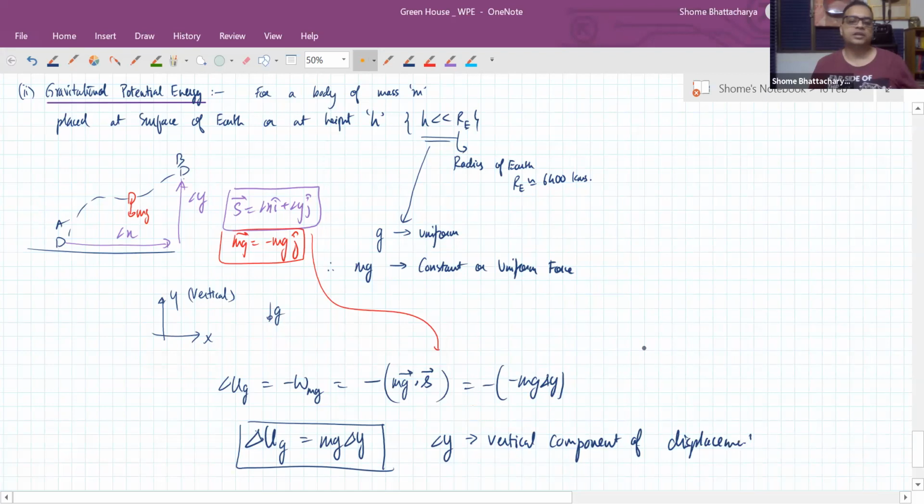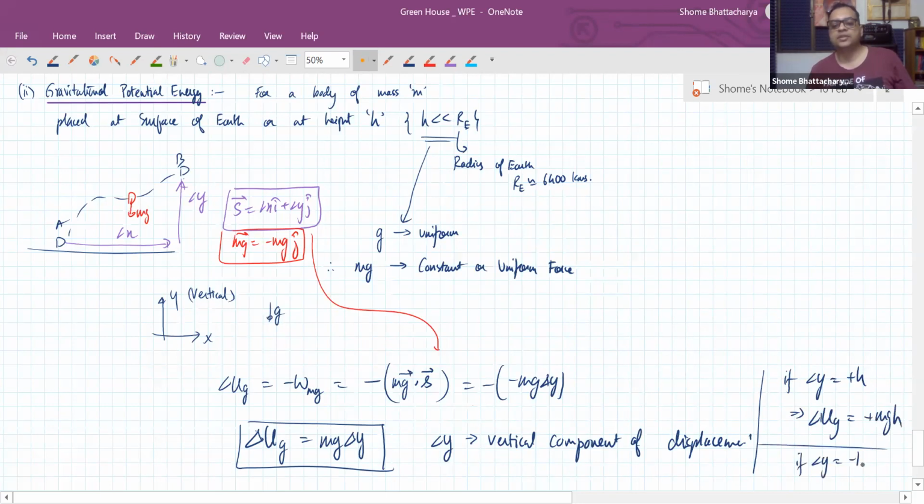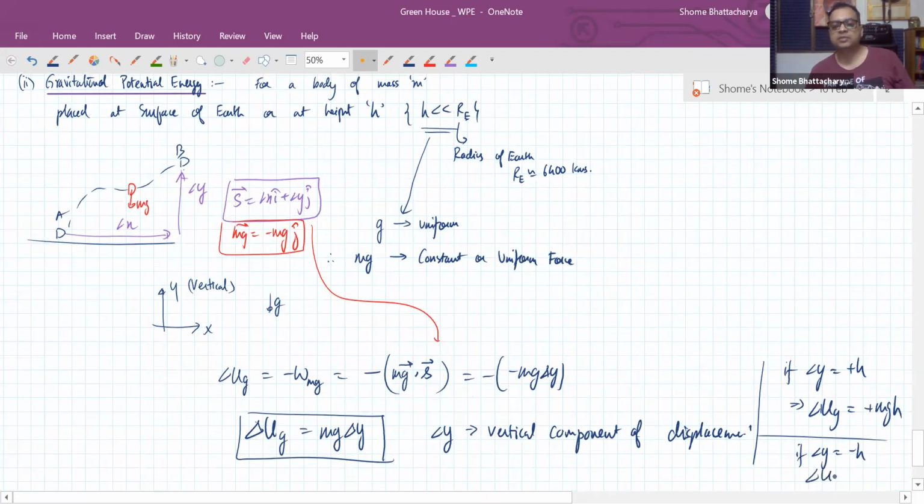Okay, and that's why you can understand that if delta y is positive, then gravitational potential energy is increasing. Okay, whereas on the other hand, if delta y is minus of h, we are taking it down through a height of h, then our gravitational potential energy will be decreasing.